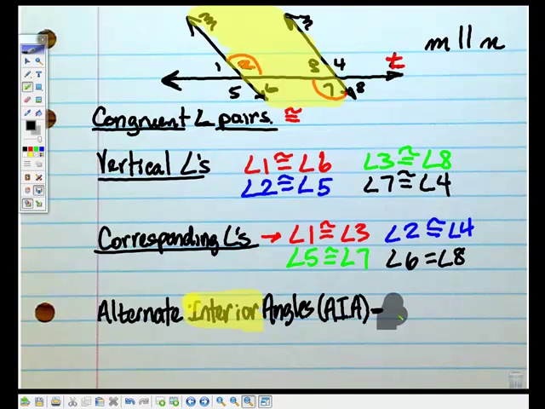Angle 2 and angle 7, and there's another pair, and that would be angle 6 is on the interior along with angle 3. So angle 6 is congruent to angle 3.